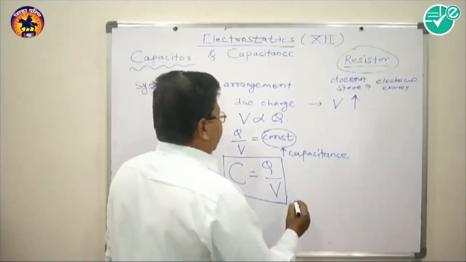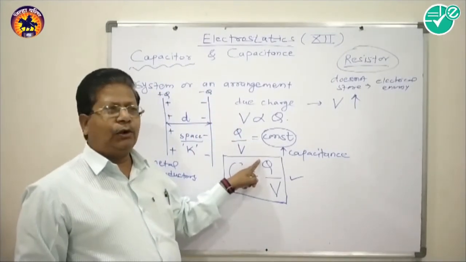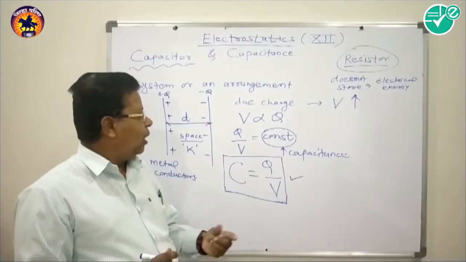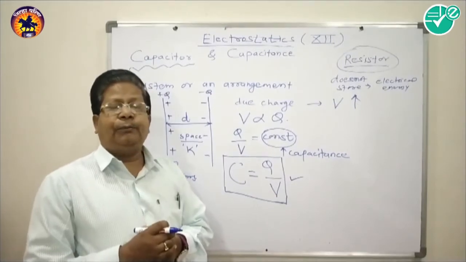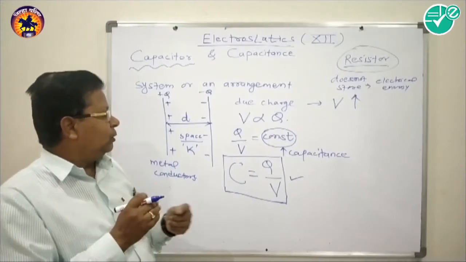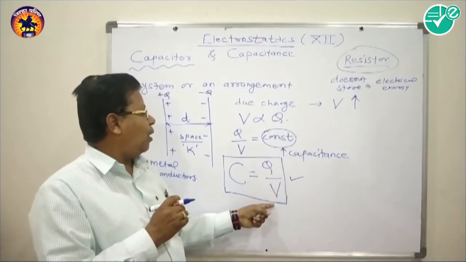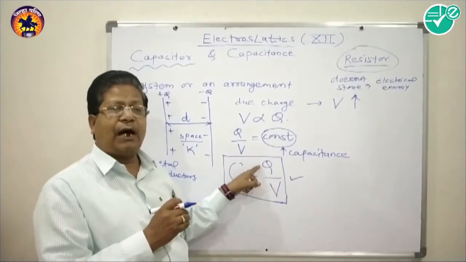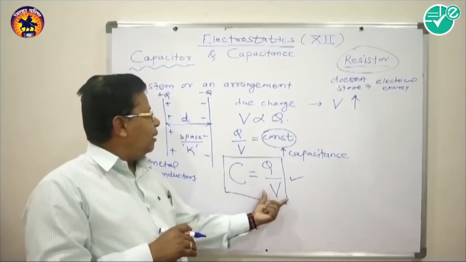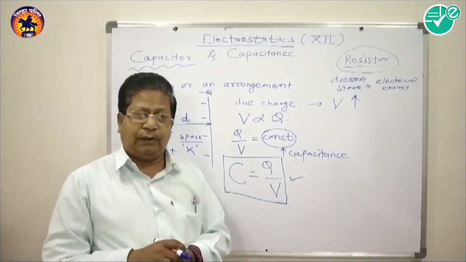And this can be defined as the ratio of magnitude of charge on either plate of the conductor to the potential difference between two plates of the conductor. So, capacitance of a capacitor is nothing but the ratio of magnitude of charge on either plate of the capacitor to the potential difference between the two plates of the capacitor.